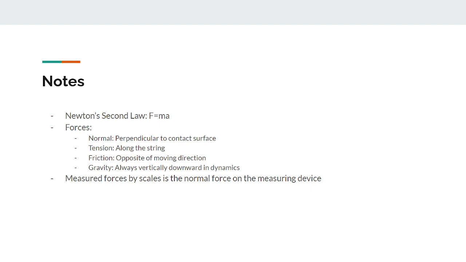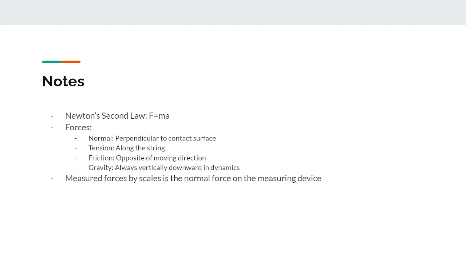And gravitational force, in dynamics at least, is always vertically downward. We're going to talk more about universal gravitation in the future, but for the sake of dynamics, it's always pointing vertically downward, in the direction of the Earth's core, which is typically downward for these problems.